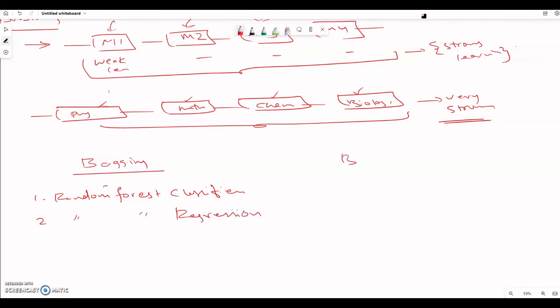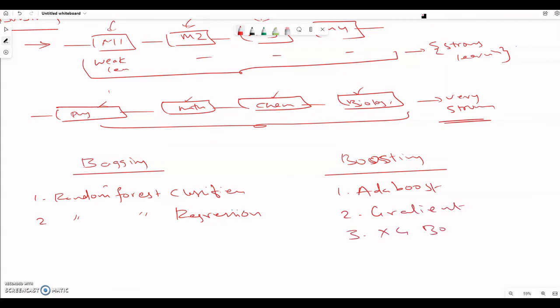Similarly, we have classified boosting into three types. One is AdaBoost, the second one is gradient boost, and the third one is XGBoost, which is extreme gradient boost.